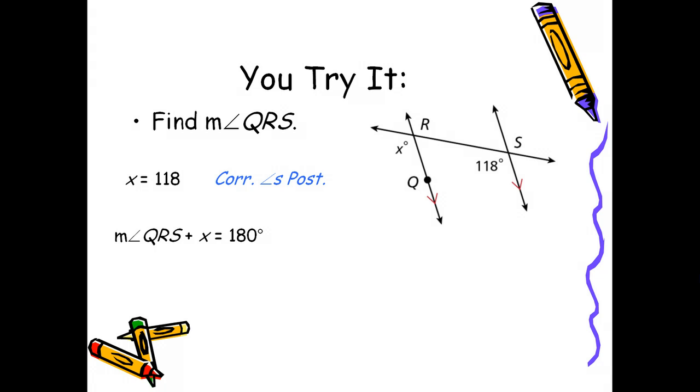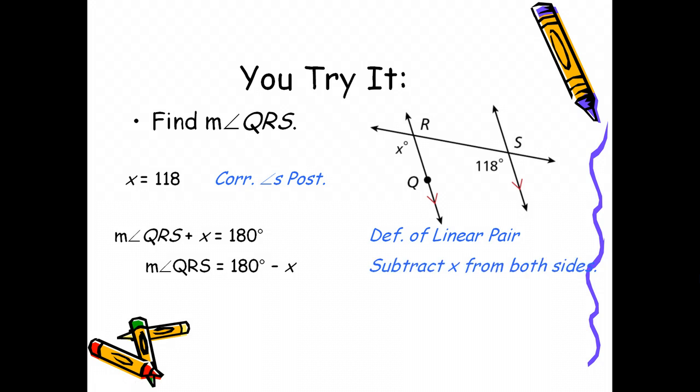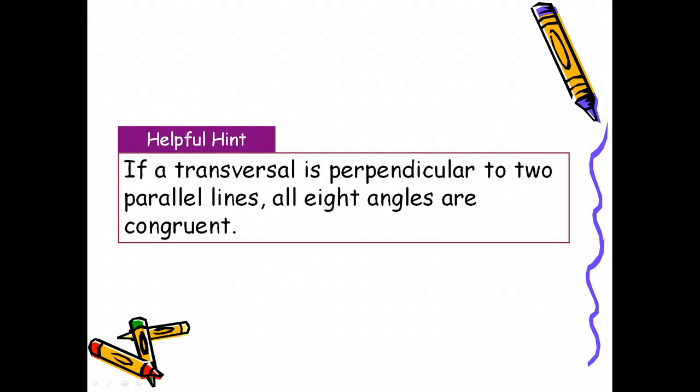And then through the definition of a linear pair, you would have found that the measure of QRS and X has to be 180 degrees. Then subtracting, and substituting in for X, the 118 degrees, we come up with the measure of QRS as 62 degrees.